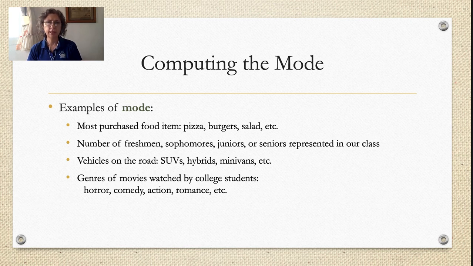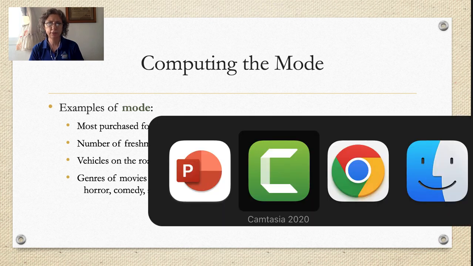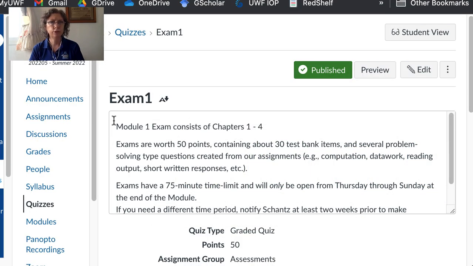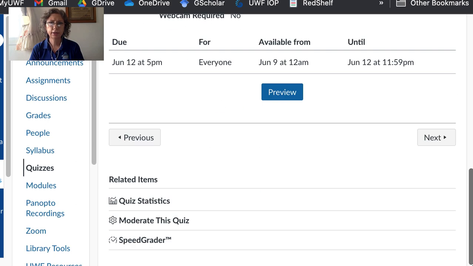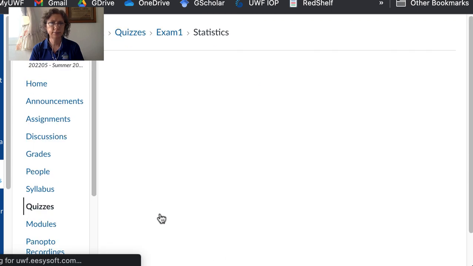That's the main gist of our measures of central tendency. Let's take a look at an example from our class of describing a variable using descriptive statistics. I'm going to move over to Canvas and go to our exam 1. In here, I want the quiz statistics.